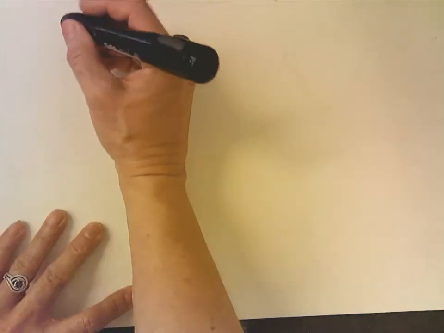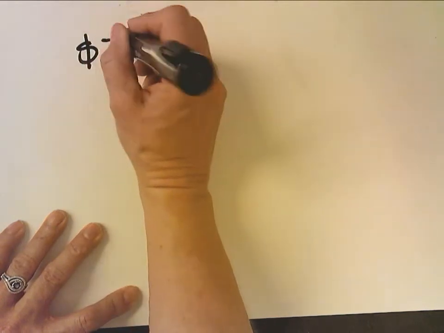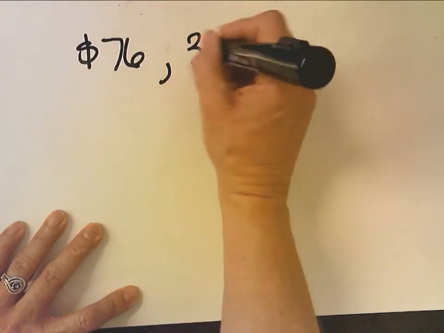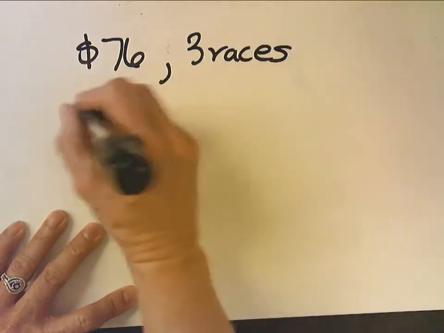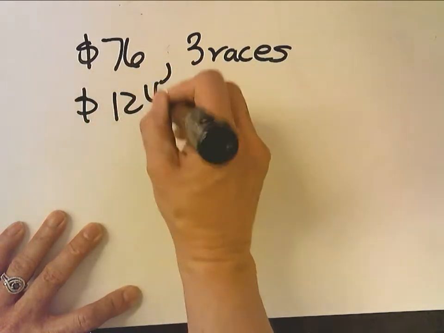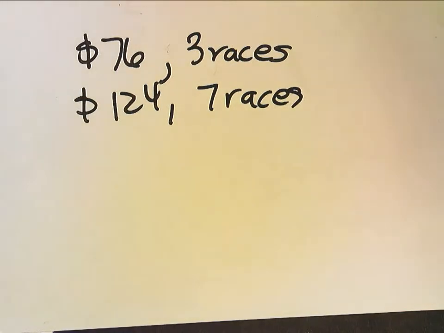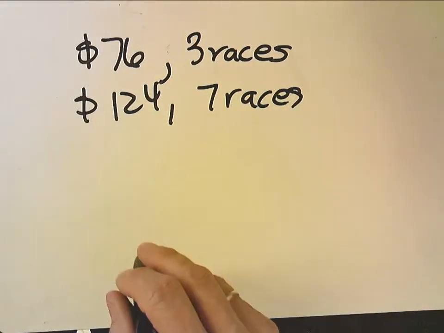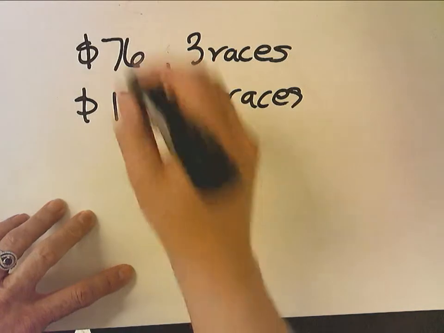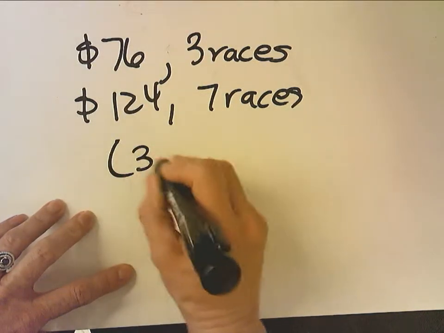Number 6 is another BMX racetrack problem. It tells me that one racer paid $76 for 3 races, and another paid $124 for 7 races. So they're obviously giving me 2 points, but I have to figure out how to put them as ordered pairs. Again, total cost is going to be y.